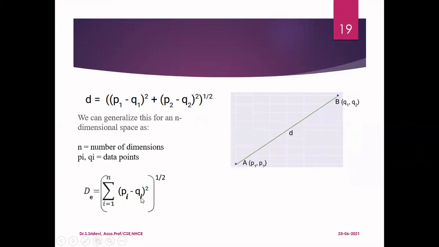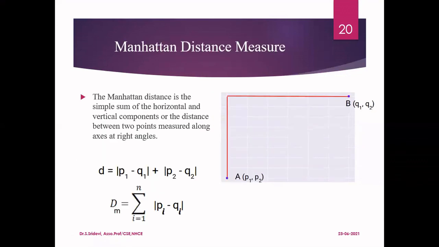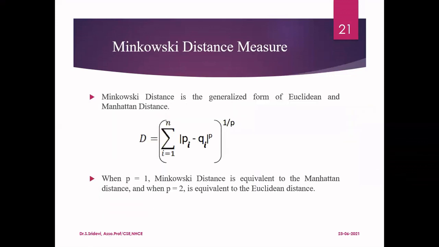In case of Manhattan, it is sigma i equal to 1 to n of the absolute value of Pi minus Qi. Okay, so here we are going to generalize these 2 equations. When you generalize, you can write the general equation as sigma i equal to 1 to n of the absolute value of Pi minus Qi raised to the power p, and whole power 1 by p.